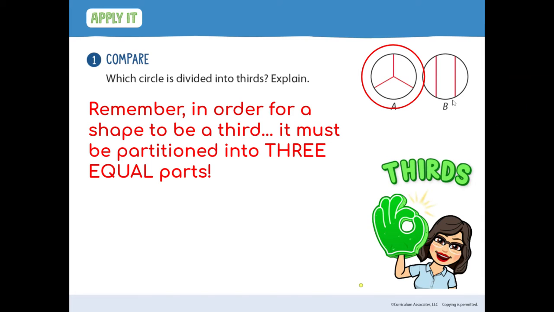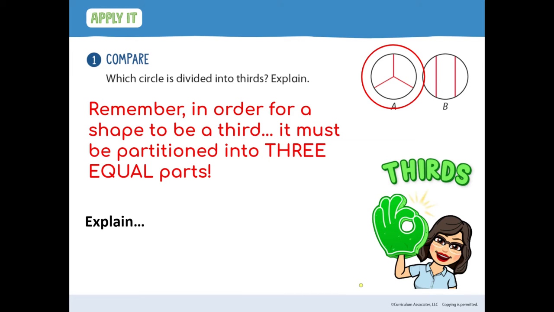If I look at B, yes, it's 3 parts, but these 2 outside shares don't look the same as in the middle. So therefore, it's not a third because it is not equal. Do you see that? Explain, explain. And if I look at these, 1, 2, 3, thirds, they are all equal, my friends. And we had practice yesterday partitioning a circle into thirds, so that one should have rang a little bell in your brain. All right, and we just explained that.